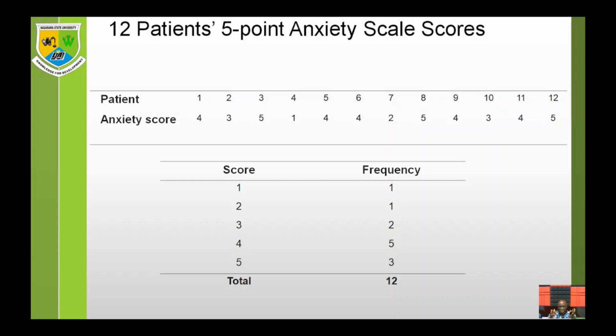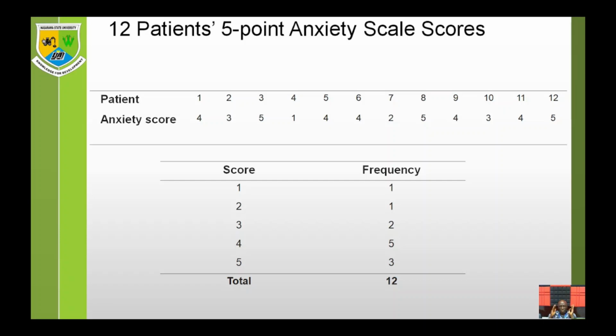This is where we are coming from. We want to create a relationship between scores and frequencies of these 12 students. Remember, we said linear relationship is showing a relationship between variables. In this case, the variables are the anxiety scores, and then the frequencies for each of them.